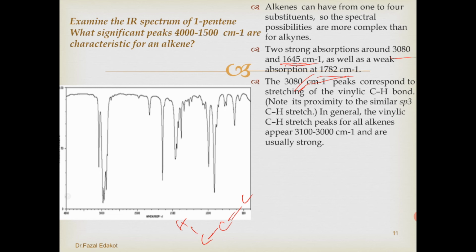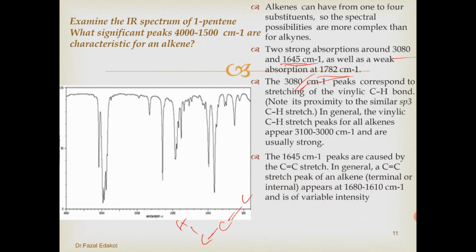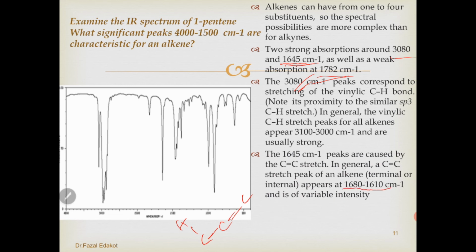So this point should be understood. You have to note that if a strong peak comes between 3100 and 3000, then there is a possibility of vinylic hydrogen. The 1645 inverse centimeter peak is caused by the C double bond C. So we got another data: 1645 is due to the CC double bond, and the CC double bond may appear somewhere between 1680 and 1610 per centimeter and is of variable intensity.